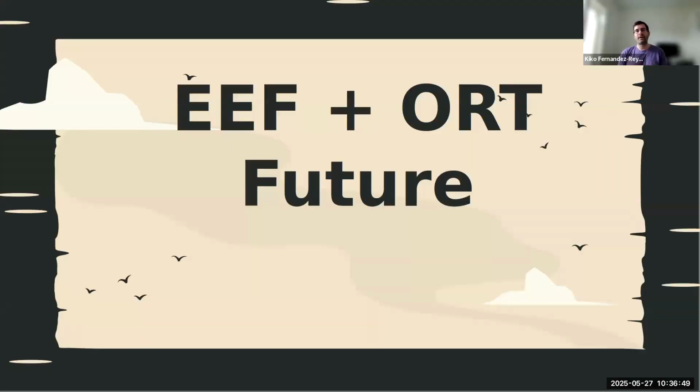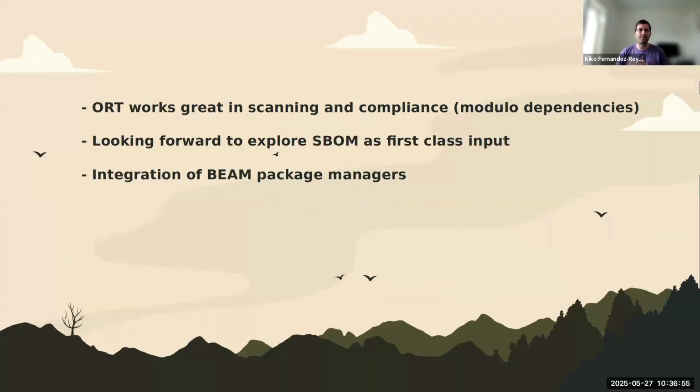Where do the Erlang Ecosystem Foundation and ORT look at the future? Let's see. From the Erlang Ecosystem Foundation, I think ORT works great in scanning, license compliance, and report generation.